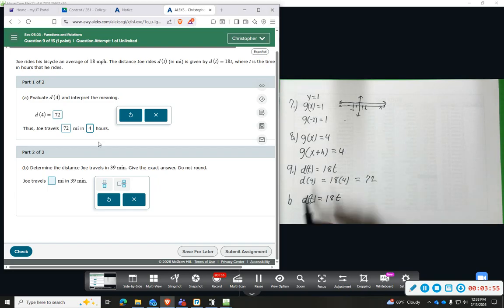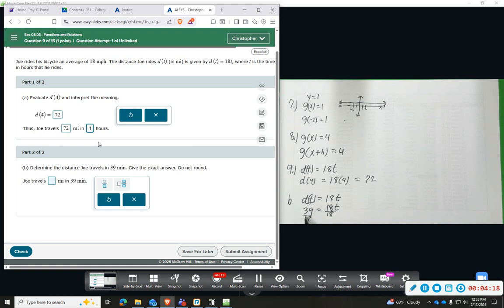Then they told us he rode 39 miles, so 39 is going to get plugged in for the d of t. That's going to be equal to 18t. And we're going to solve for the time by dividing by 18. Divide by 18. And 18 doesn't go into 39 evenly.